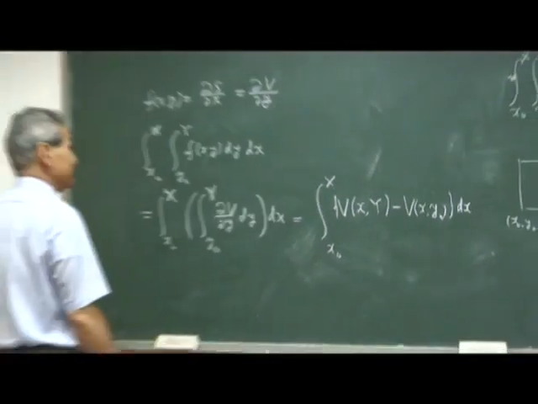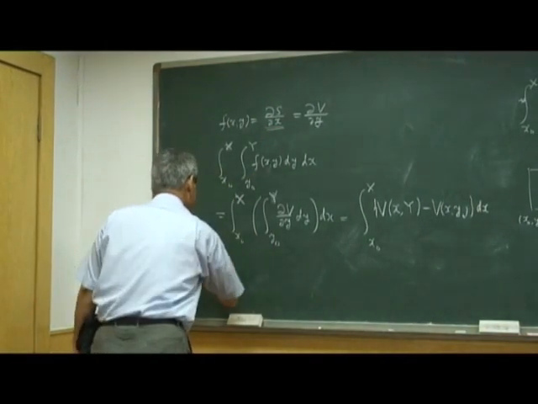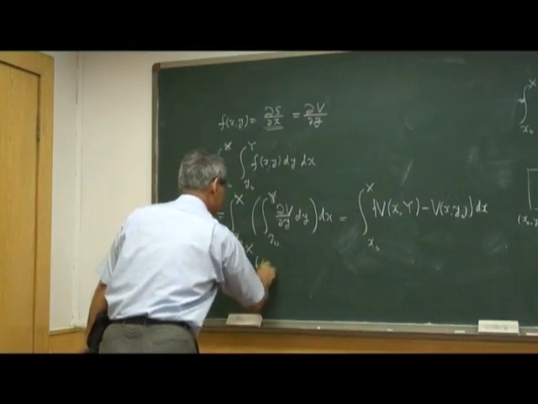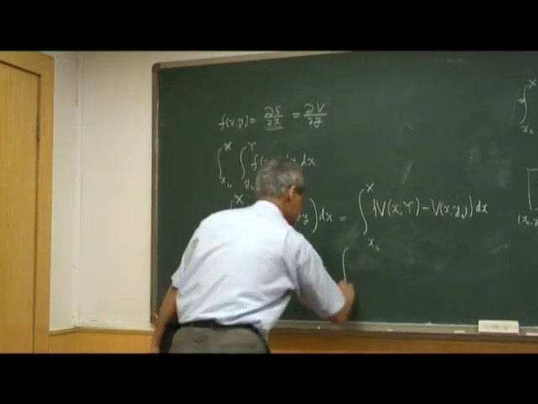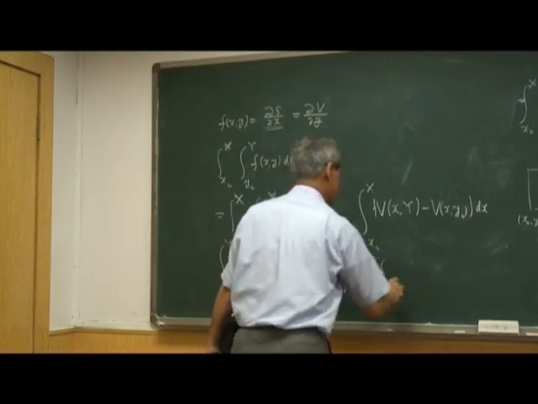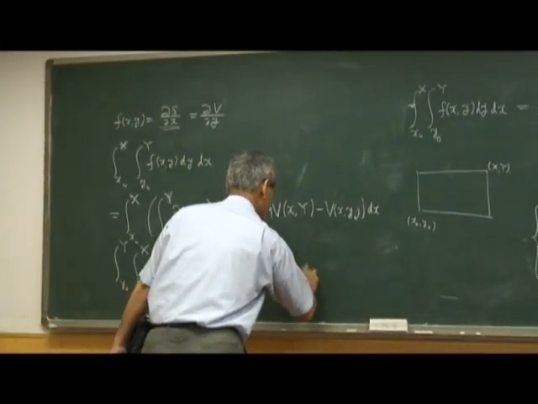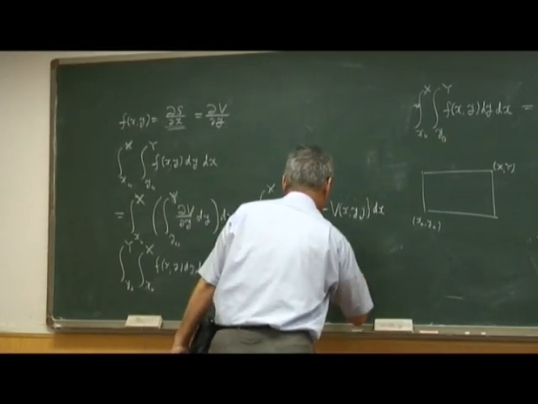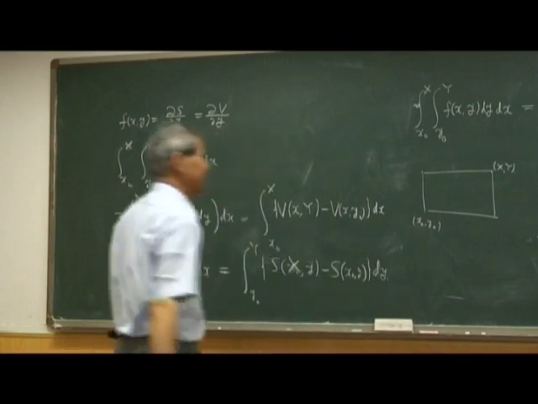On the other hand, the right-hand side uses this part in the same way: the integral over y0 to y and x0 to x of f(x,y) dy dx is equal to the integral over y0 to y of u(x,y) minus u(x0,y) dy. So this is one formula.